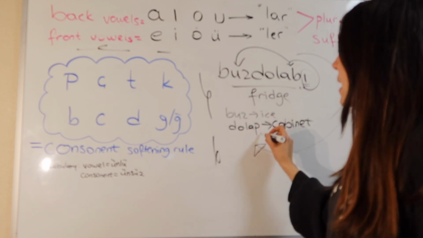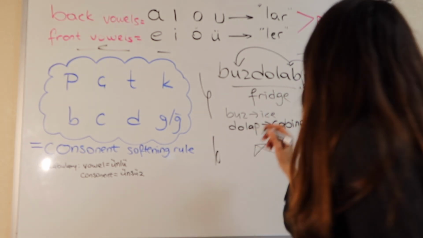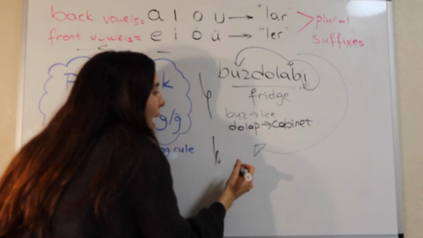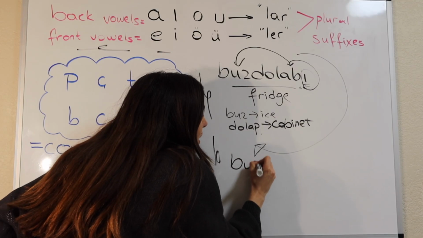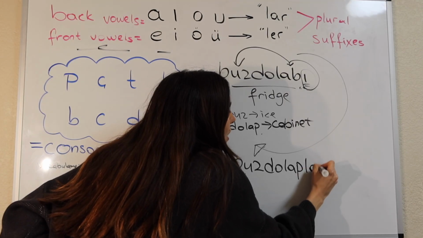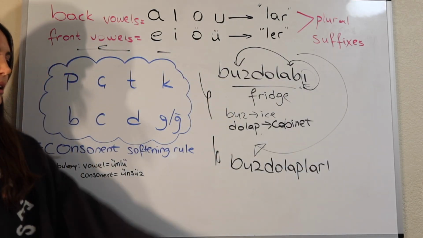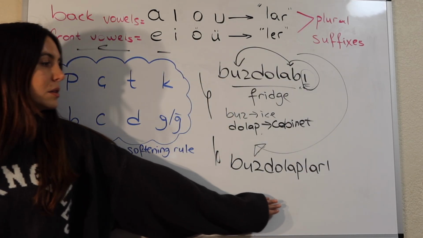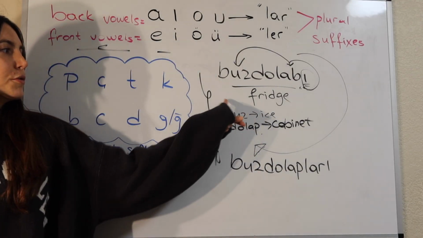This has to go back to P. So it's gonna reverse back. And this is gonna be the plural version of fridge.